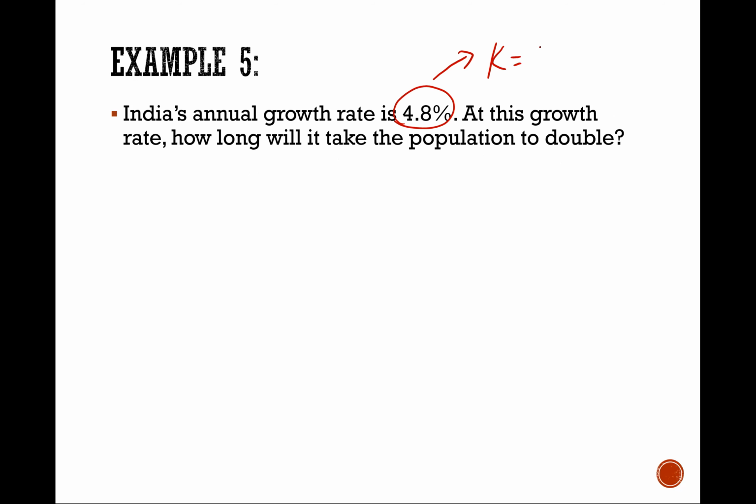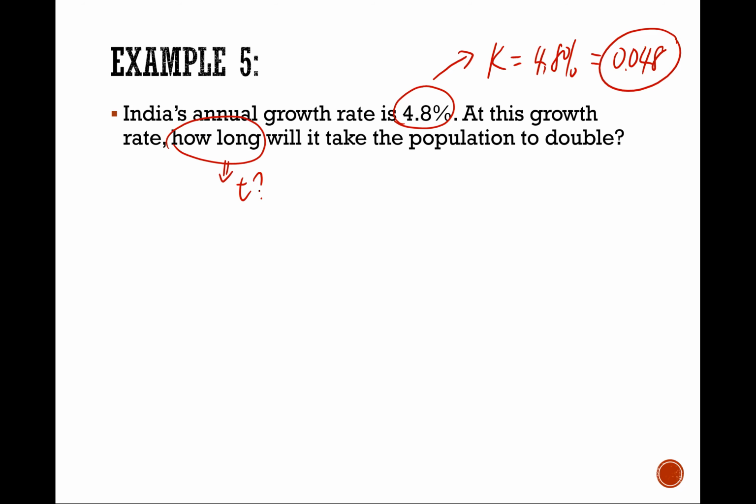So K is given as 4.8%, which is 0.048. How long would it take for the population to double? Here we're looking for time t.